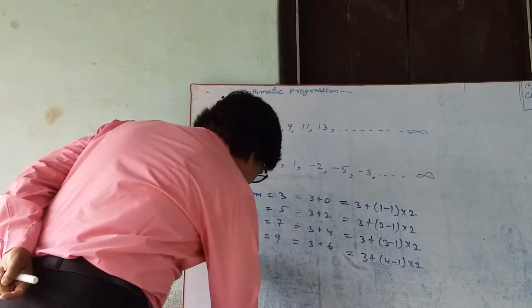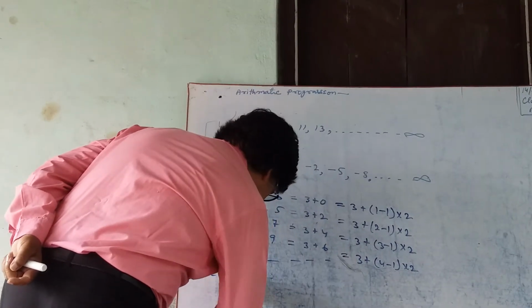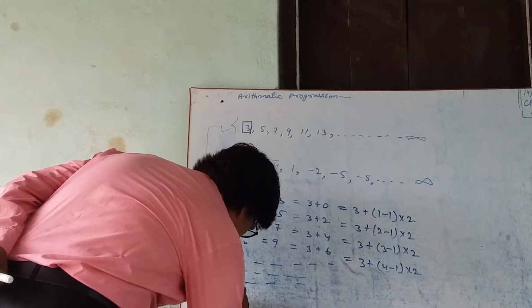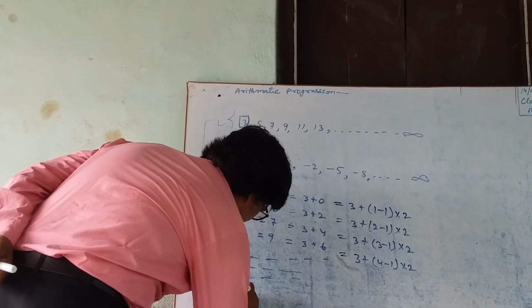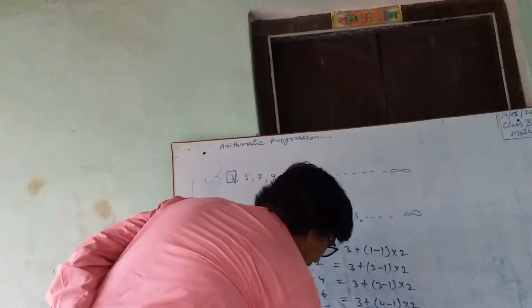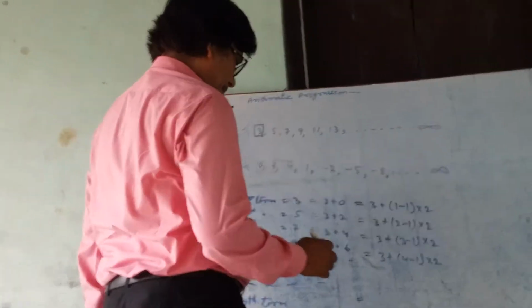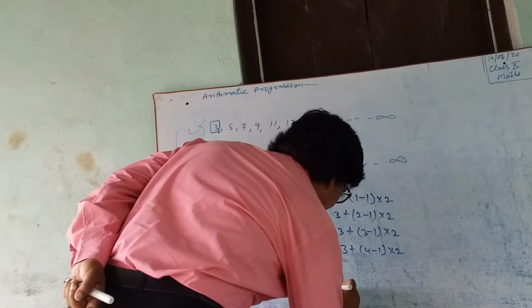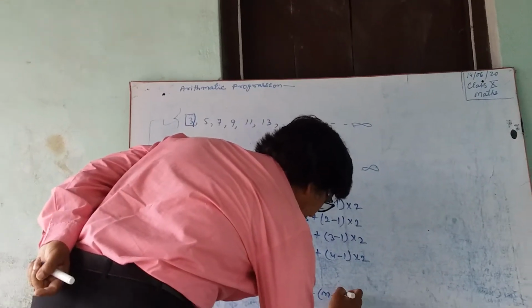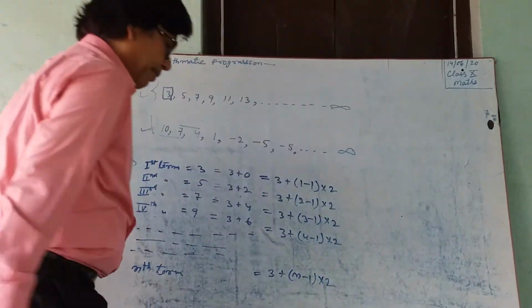In the same way, if we find the nth term, we will get 3 plus n minus 1 into 2.